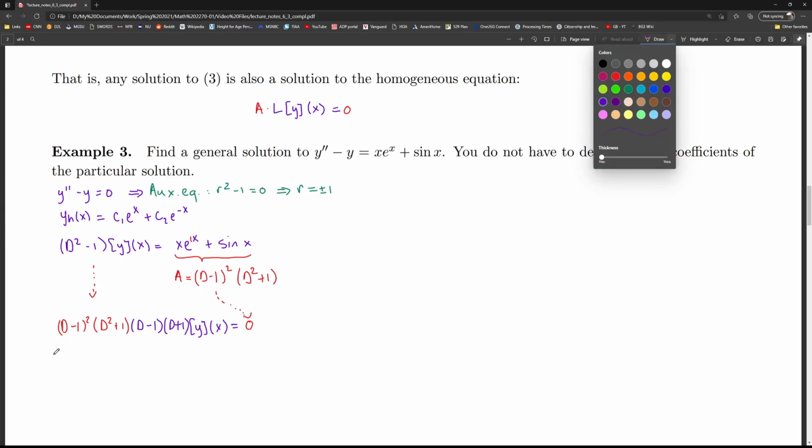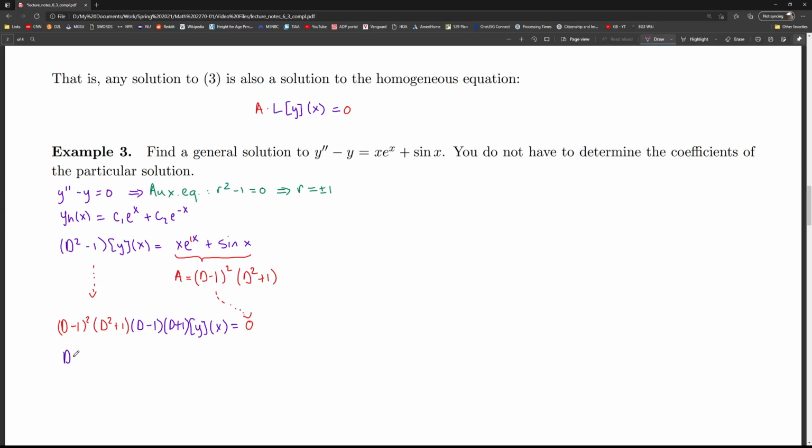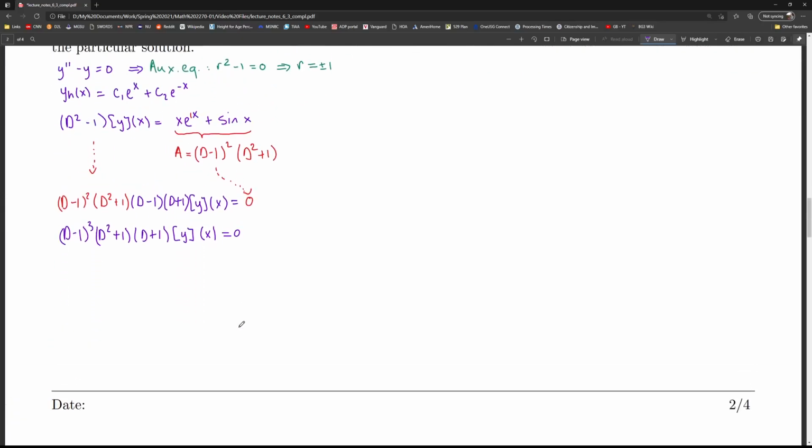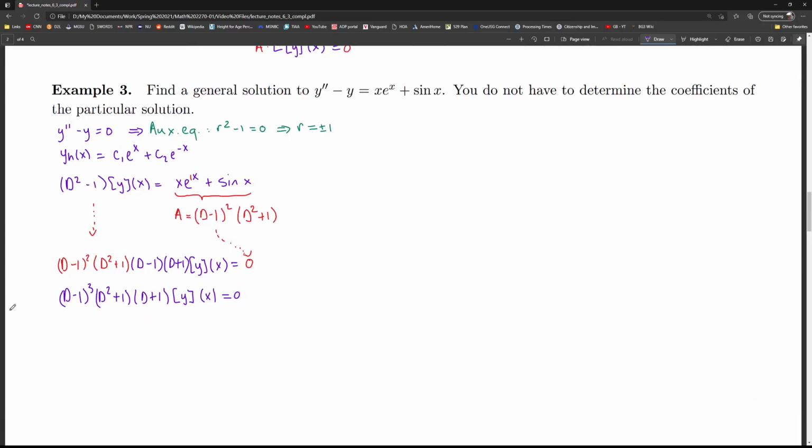And so if you combine those two, you get d minus 1 cubed times d squared plus 1, and then d plus 1. And now we look at the associated roots.